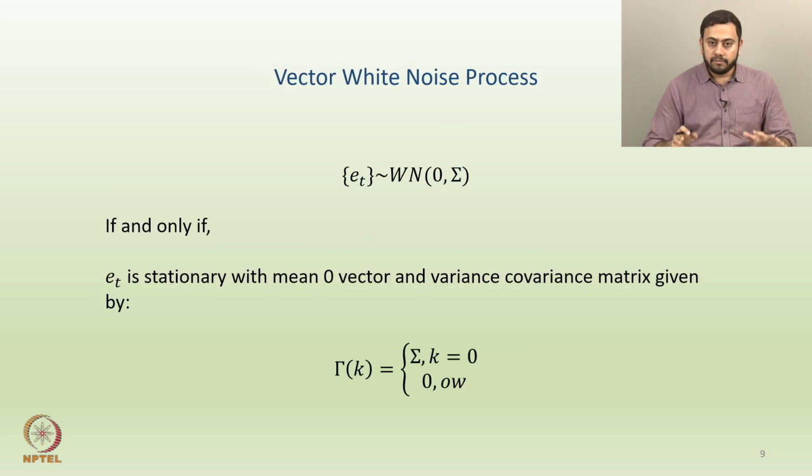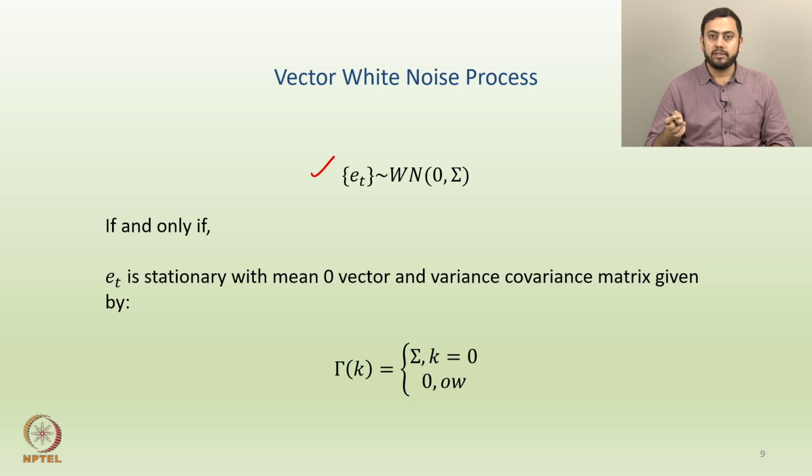Now that we have defined some properties about random vectors, covariances, correlations, etc., we can define the very first multivariate process, which is the vector white noise process. Again, we'll start with some basic processes such as white noise, and then build upon these. So what do we mean by a vector white noise process? Let's say epsilon t is defined as WN(0, Sigma).